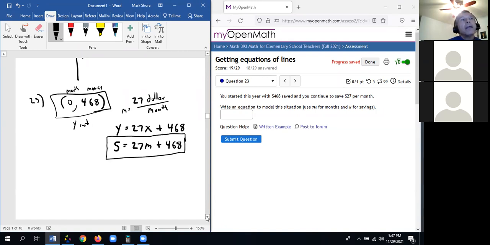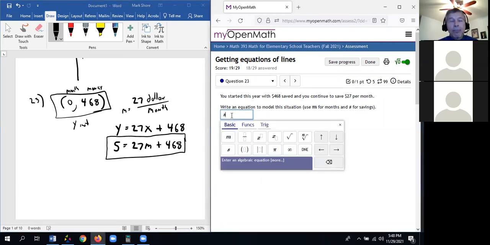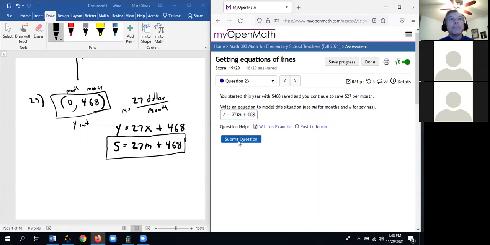That was given in the problem. But this equation gives you the same answer. If you put in 0 for the number of months, you get 468. How much do you have saved in 1 month? Well, 1 times 27 plus 468. How about 12 months? Put 12 times 27 plus 468. That's how much you saved. So that's what that equation gives you. It gives you any amount over any amount of time that you have saved. So 468. And that should do it with that one.